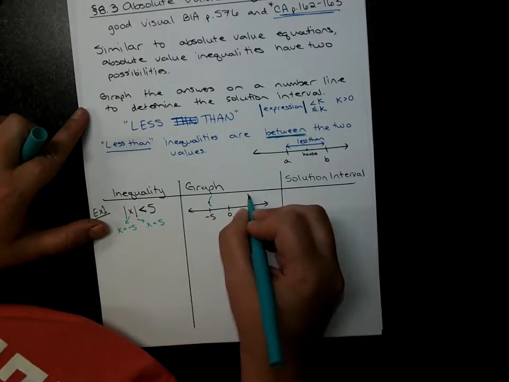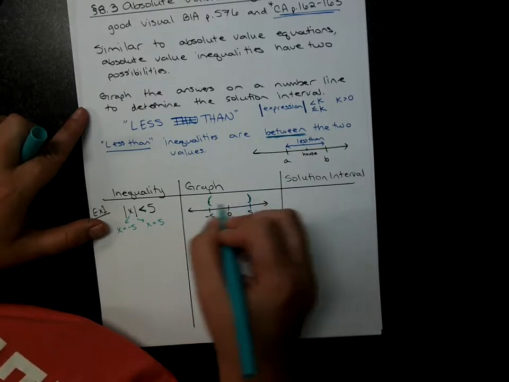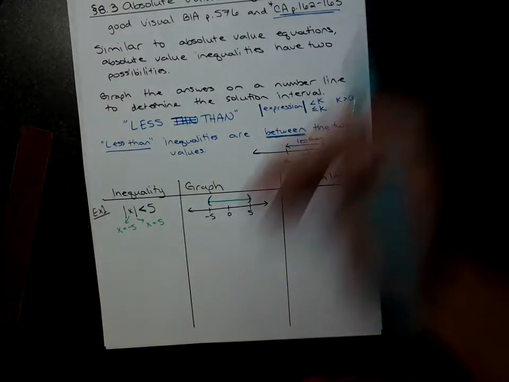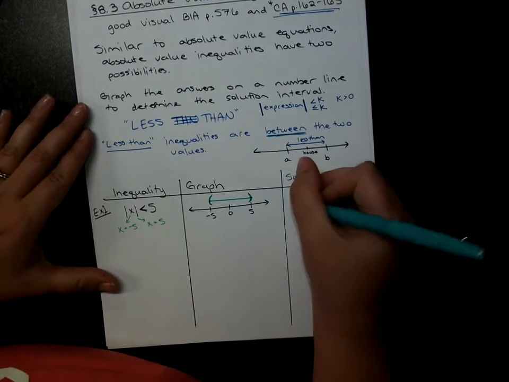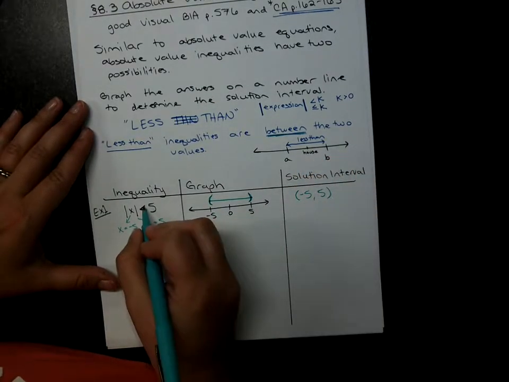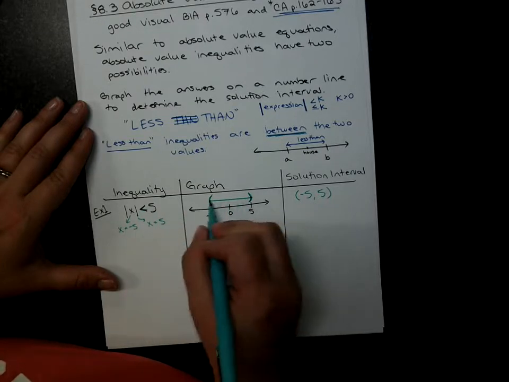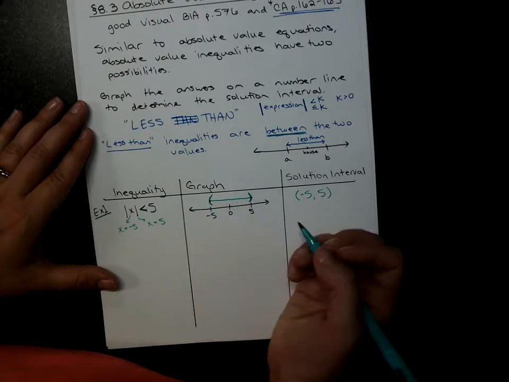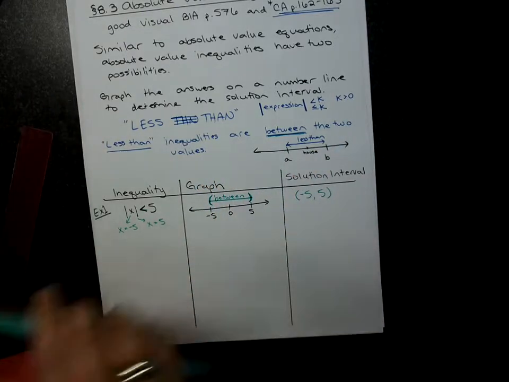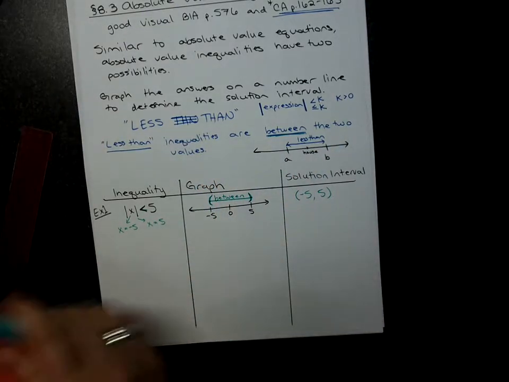They're going to face each other, and we're just going to have an interval between -5 and +5. So our solution interval goes from -5 to +5. Anytime the symbol is less than, you always connect between the two values. If you want to write the word between, that might help too. Less than is always between.